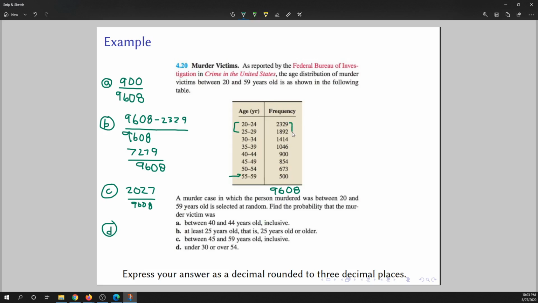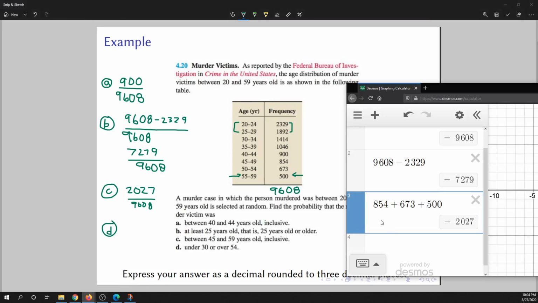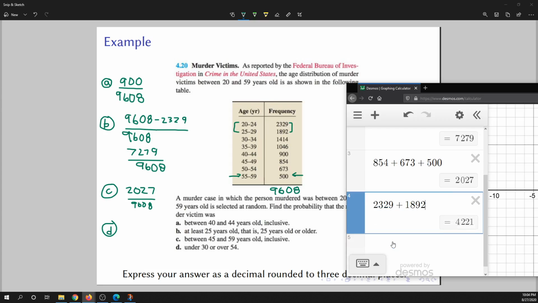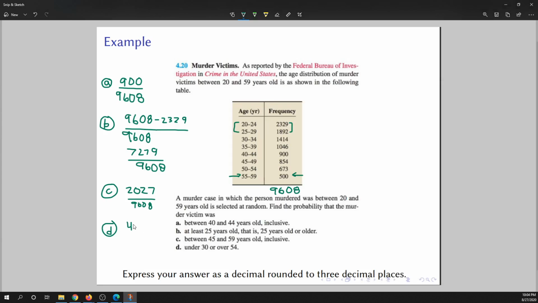We're going to have to add up these numbers and add this number to it, and that would give us the number of cases in that event. So let's do that: 2329 plus 1892 plus 500. That gives us 4721, and that would be the answer for part D.